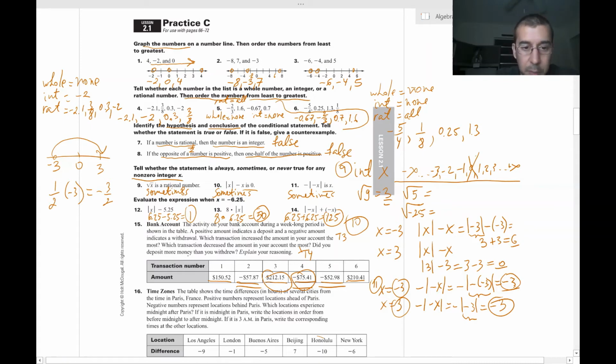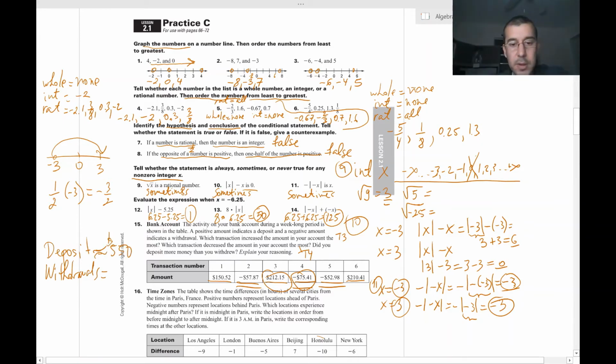Did you deposit more money than you withdrew? Now we have to add up the deposits and add up the withdrawals and see which one is larger. So deposits, we have 150, about 200, so that's about 350, and then 200, about 550. We're not going to calculate exactly, just see if it's 550 versus 540.